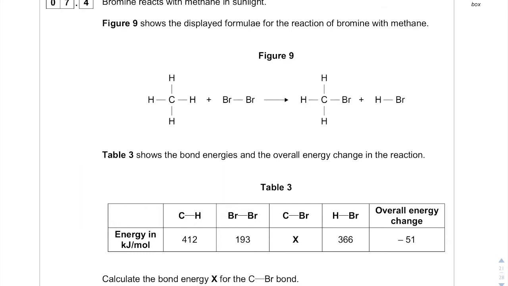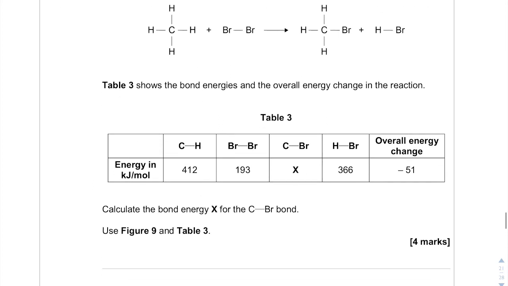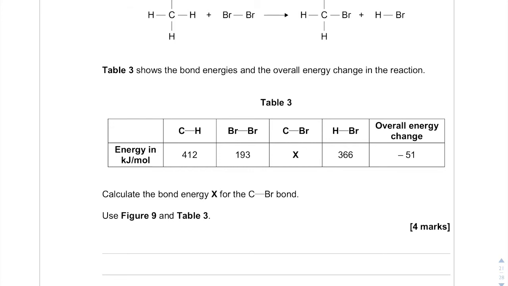Okay, question 7.4 is a reaction using bond energy. So that is a very standard type of question that you can get. So you've got bond energies given to you and you have overall energy change given to you. So there are multiple ways of doing this question, and let's just first consider how much energy we're getting in either side of the equation.